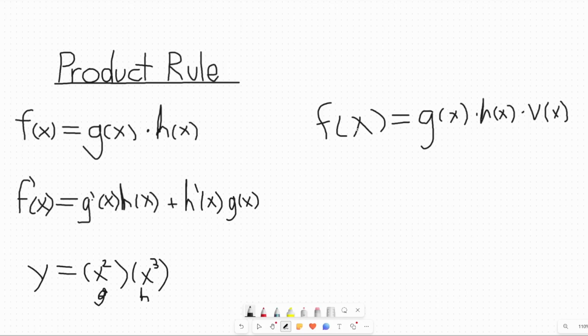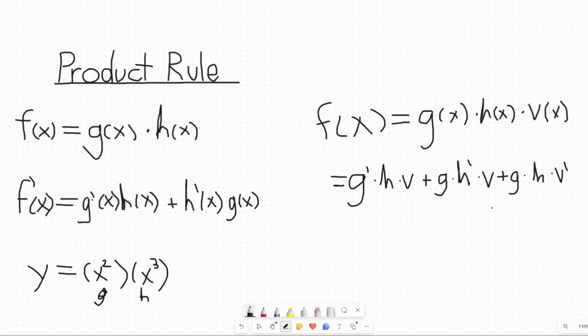It should also be stated that if you have a function f of x equal to three terms multiplied, so g of x times h of x times v of x, then the product rule states that the answer is g prime times h times v plus g times h prime times v plus g times h times v prime.